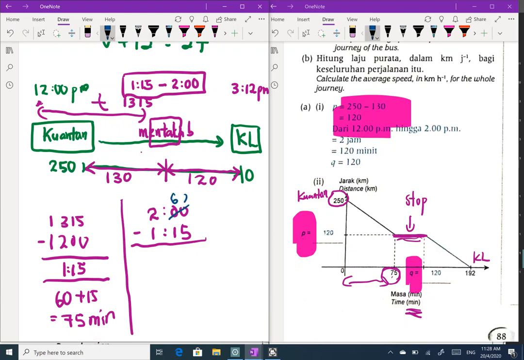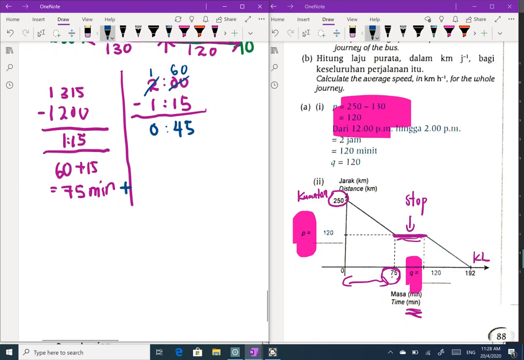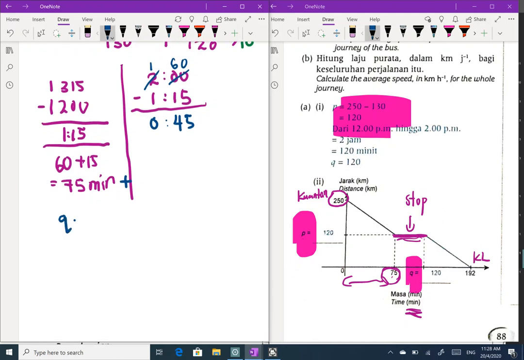So I borrow 60. 1小时等于60分钟。So 60 minus 15, you get 45. So plus 45, that means Q is 75 plus 45 minutes. Okay, so you will get 120 minutes. This is your Q.